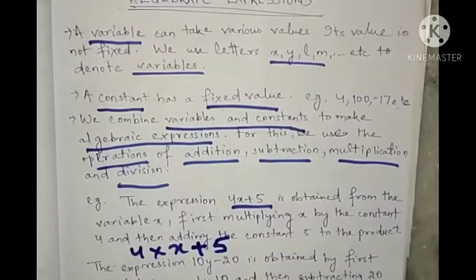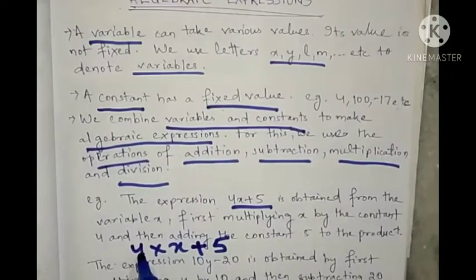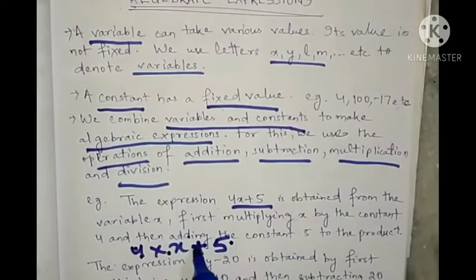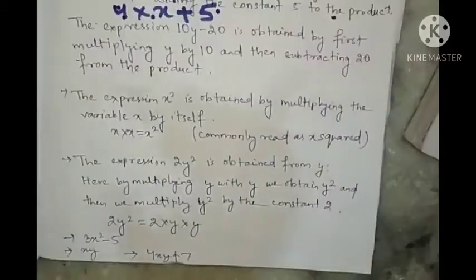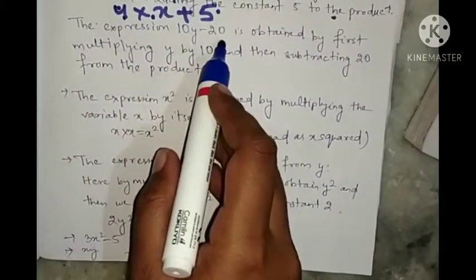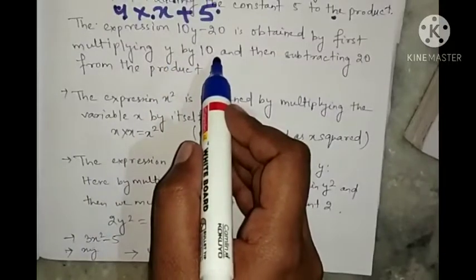So 5 is added to the product, and we get 4x plus 5. Next, the expression 10y minus 20 is obtained by first multiplying y by 10.